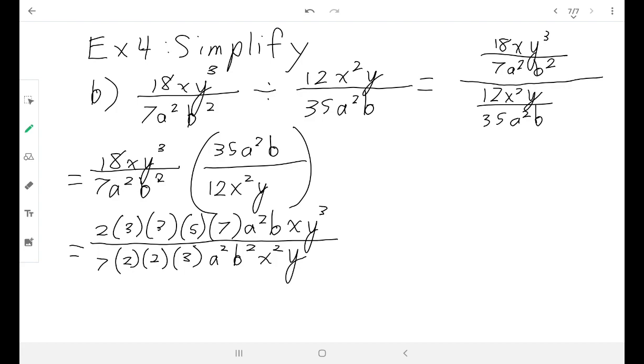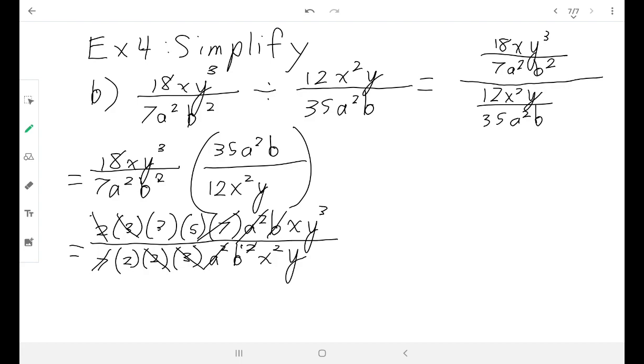And then cancel everything that you can. One of those 2's at the bottom cancels the 2 at the top. One of the 3's at the top cancels the 3 at the bottom. The 7's cancel. The a squareds completely cancel. The b at the top can cancel with one of the b's at the bottom.